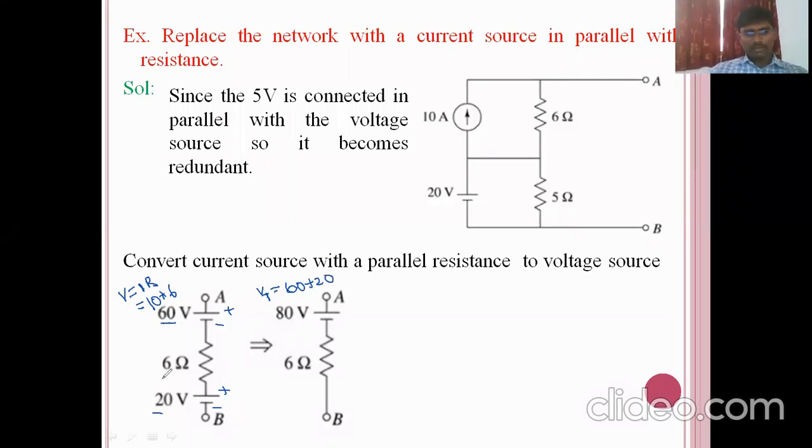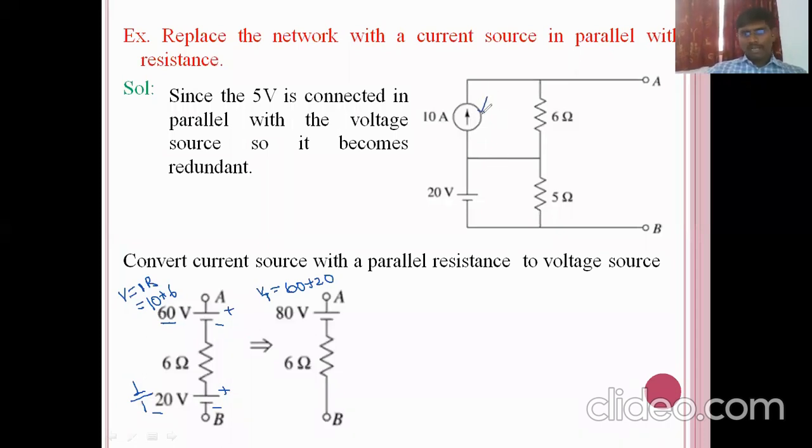If the battery is connected the other way, the resultant will become 60 minus 20. So the direction of the battery depends on the direction of the current.